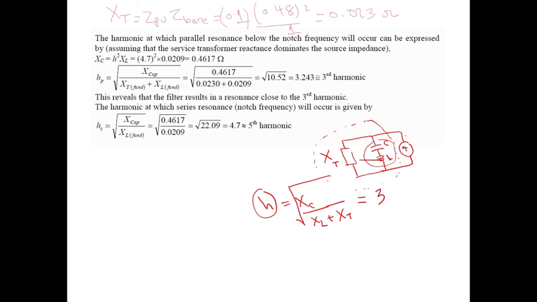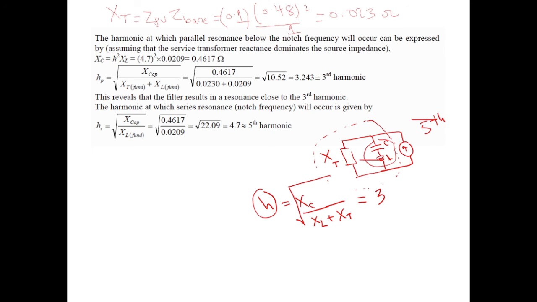Because if I have a third harmonic, and my circuit is also resonating at the third order, that will be a disaster. But unfortunately my rectifier is not producing any third harmonic. It produces only the fifth. So I have no problem.